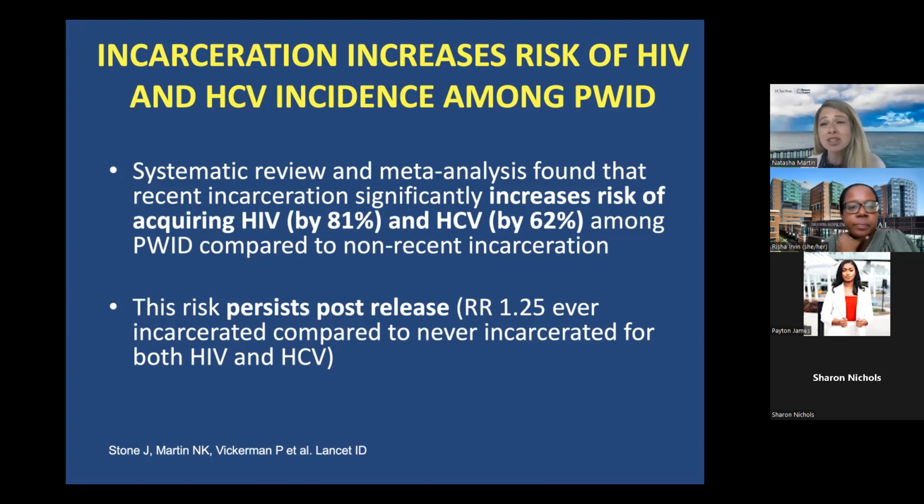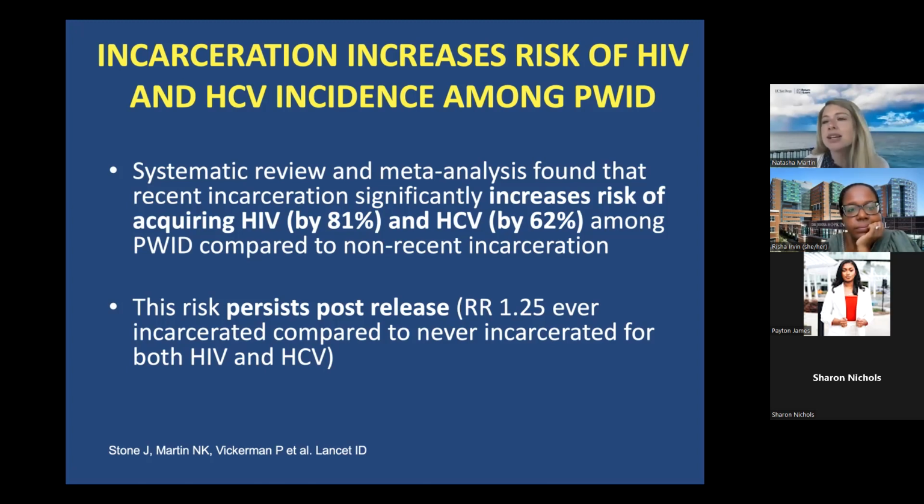And that risk actually persists post-release. So people still remain at elevated risk after they're released and have not recently been released from prison. So we see, again, evidence that these exposures are associated with HIV and hepatitis C risk.